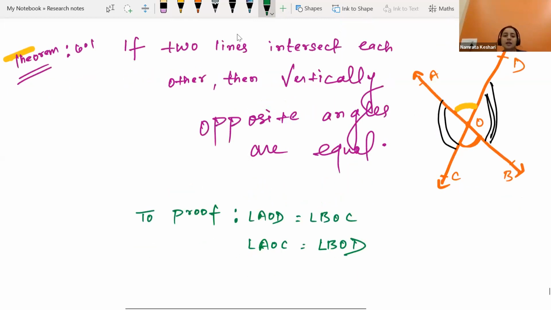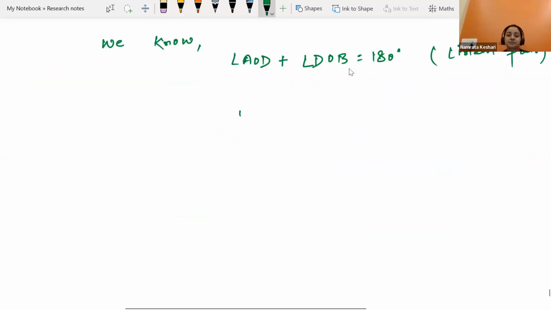Now which two angles, Saziya? Can we now take this angle and this angle? These two are also making a linear pair, right? Let's write it: angle AOD plus angle AOC is also 180, linear pair.